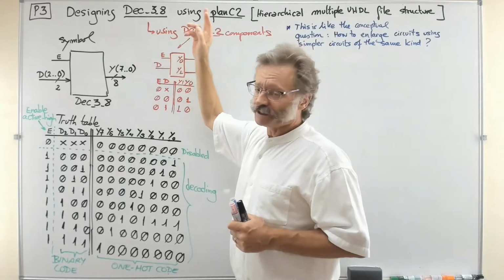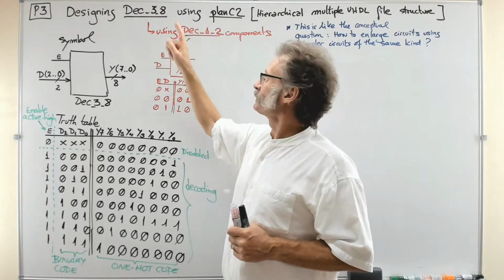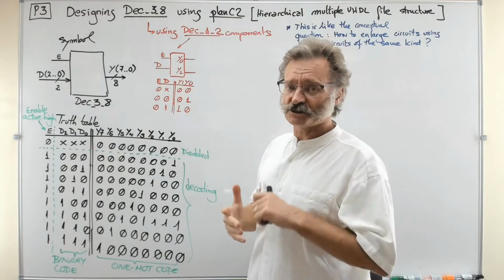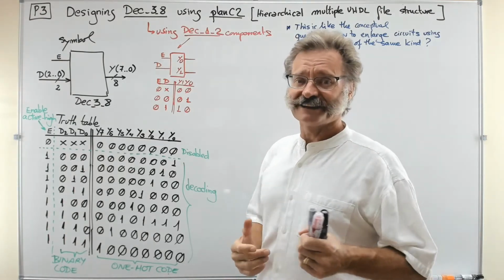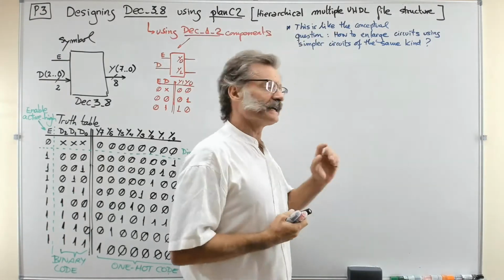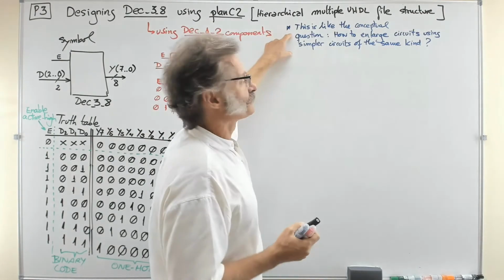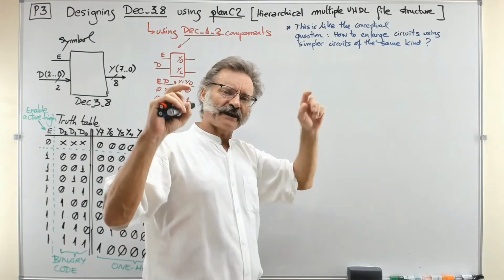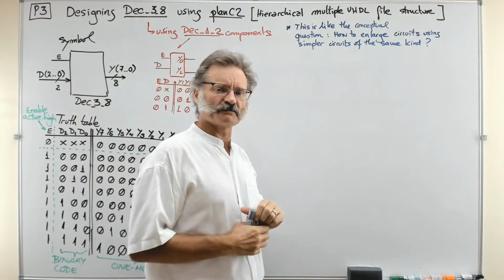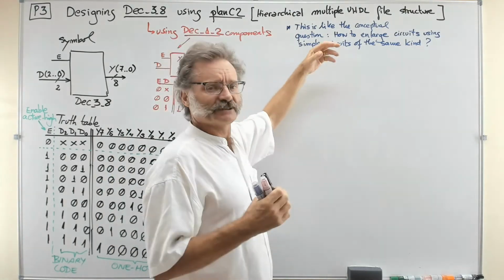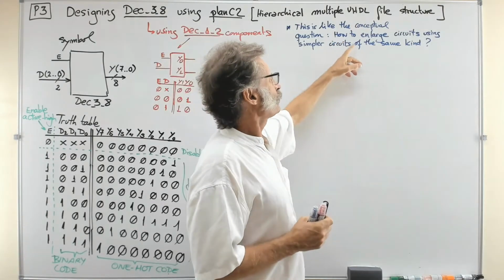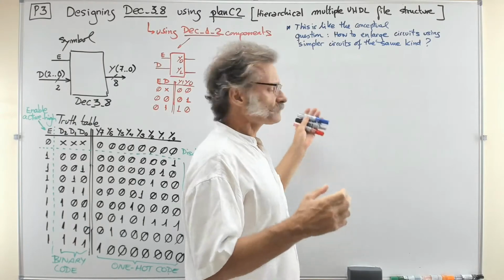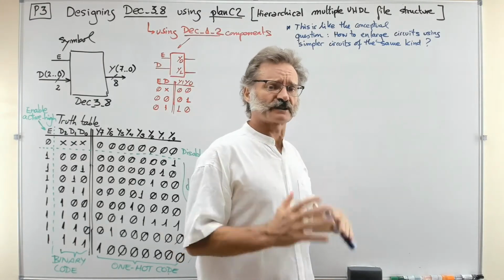So that is another example for you if you would like to go practicing with this. Let's design the decoder 3 to 8 using this time a plan C2, which is the one that in some way is related to the conceptual question that we had seen there in the general concept map. And it is just like that, okay? How to enlarge circuits using simpler circuits of the same kind.